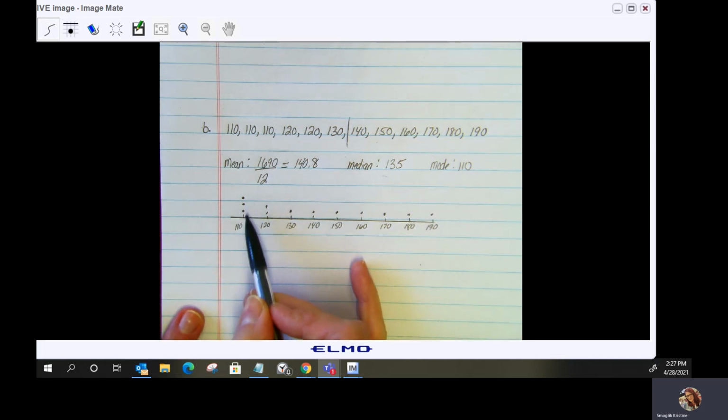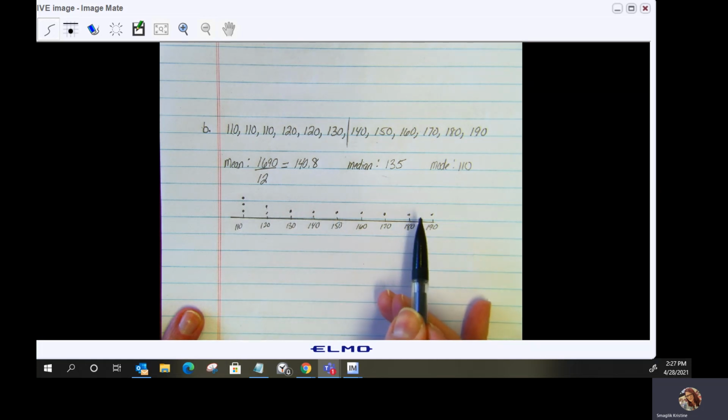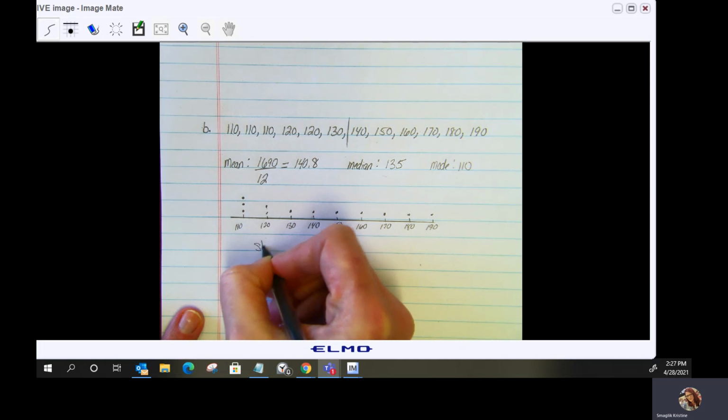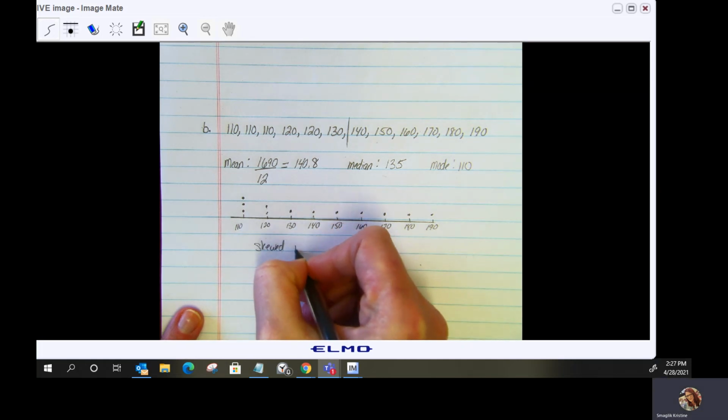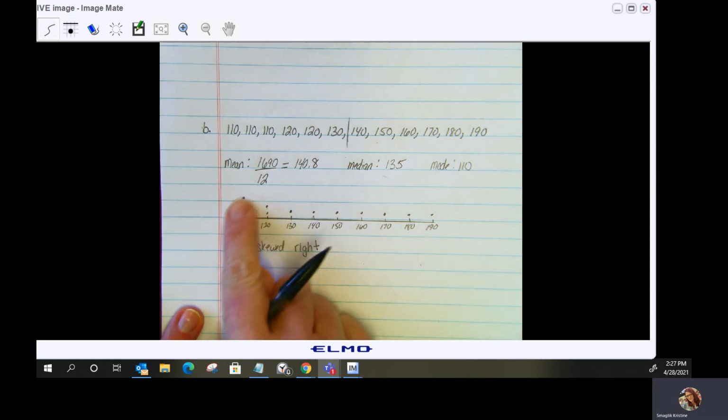And so you can see here that this is skewed left, or not skewed left, skewed right, excuse me. My tail comes down to the right. The bulk of my data is up here.